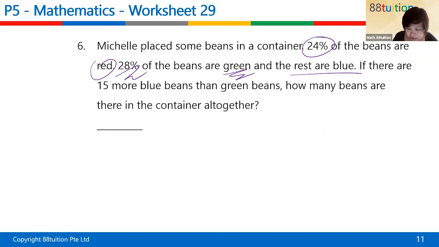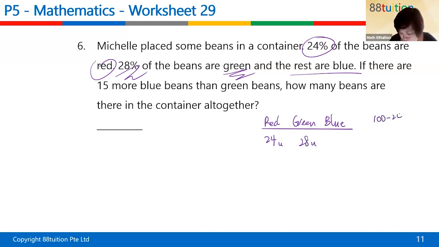So if I were to place them into columns, then I will have a red column here, green column, and a blue column here. 24 are red, so I put it as 24 units. 28 are green, and the rest are blue, so I need to use 100 minus 28 and 24, you get 48 units for the blue one.